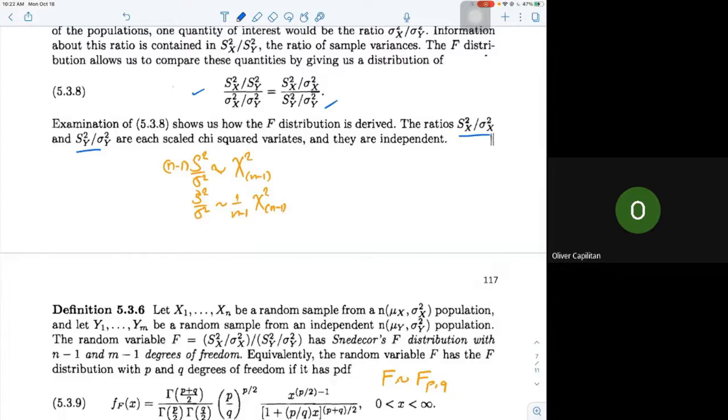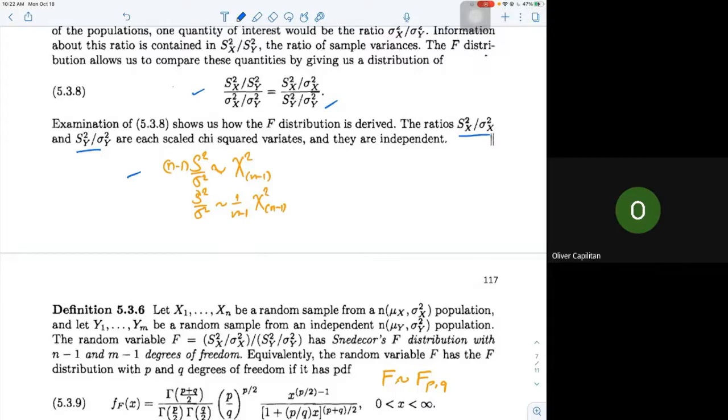Using these facts, we know that n minus 1 times s squared divided by sigma squared has a chi-square distribution with n minus 1 degrees of freedom. So s squared over the population variance will have 1 over n minus 1 times the chi-square distribution with n minus 1 degrees of freedom.